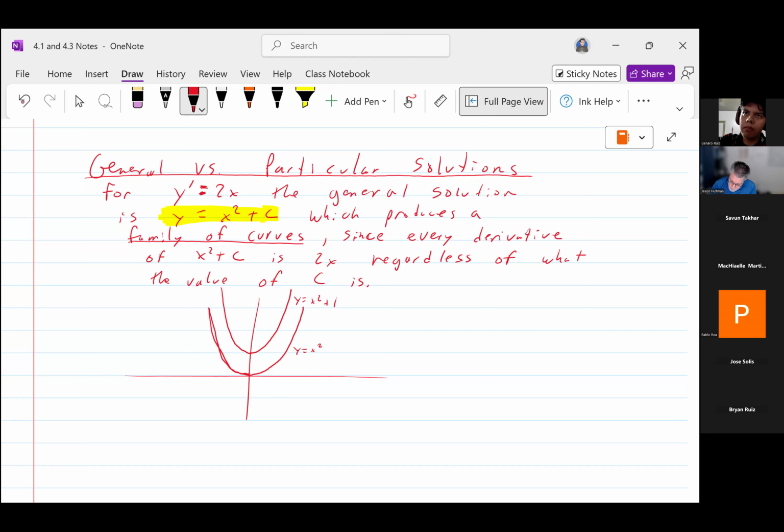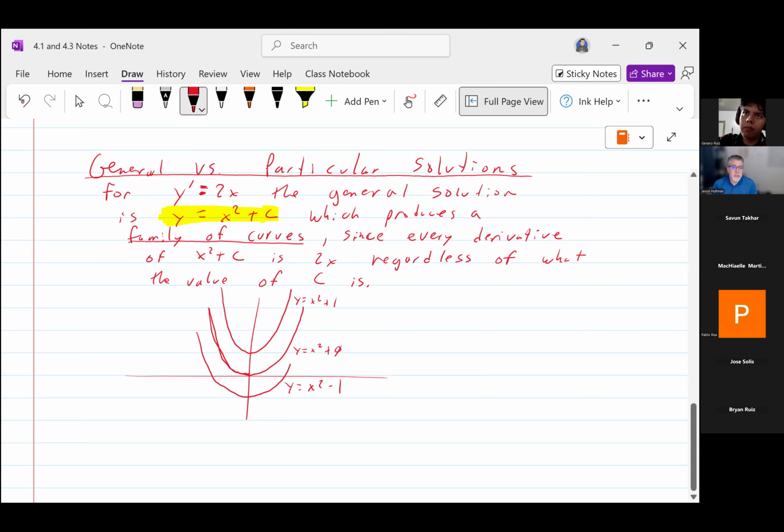It produces the same shape, but this would be y equals x squared minus 1. Same shape, just a different y-intercept. The only thing that's changing here is the y-intercept.